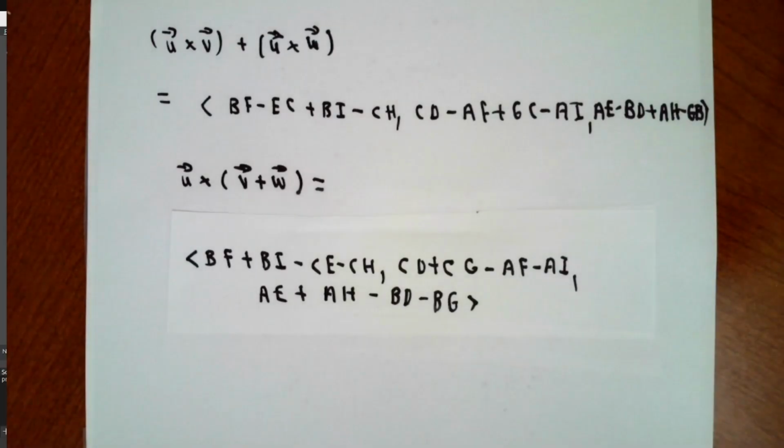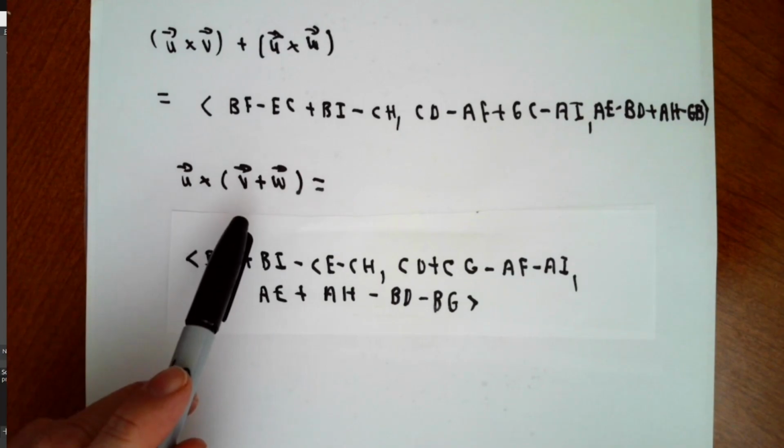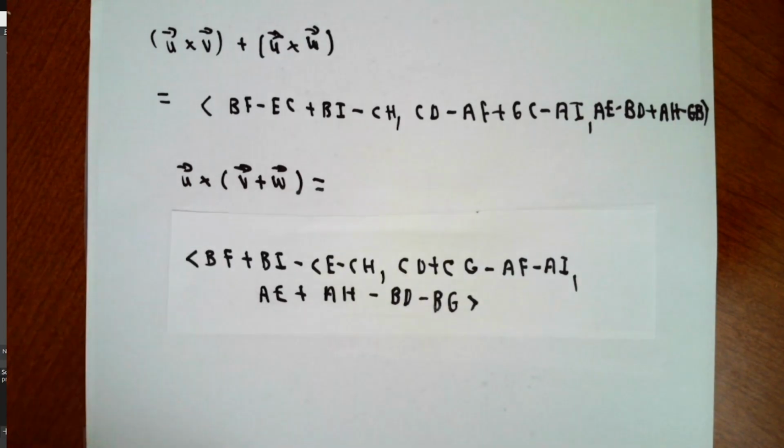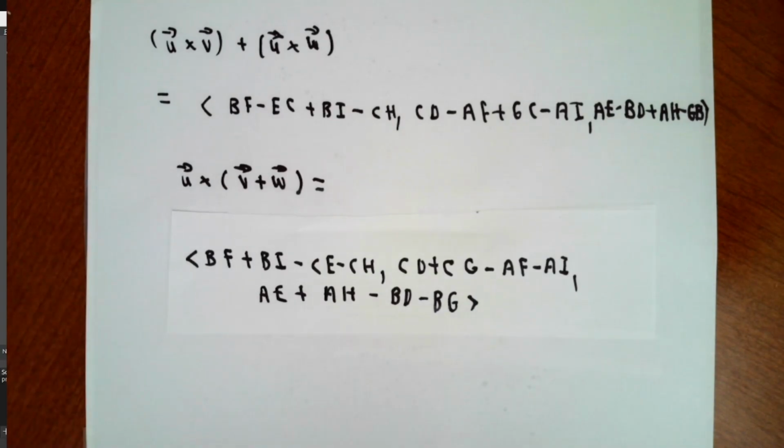But if we compare this to the previous horrible and awful result, then we'll remember that u cross the vector v plus w was this mess. Look at the first components, and remember that capital A, B, C, D, E, F, G, and H are just ordinary numbers, so those do commute under multiplication.